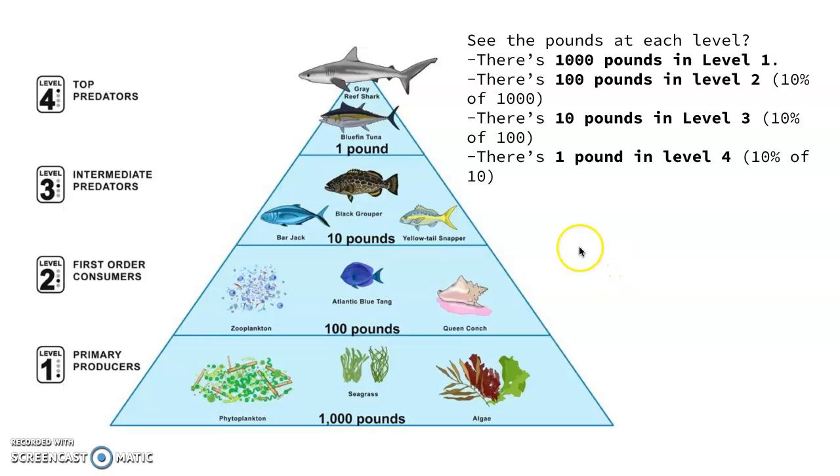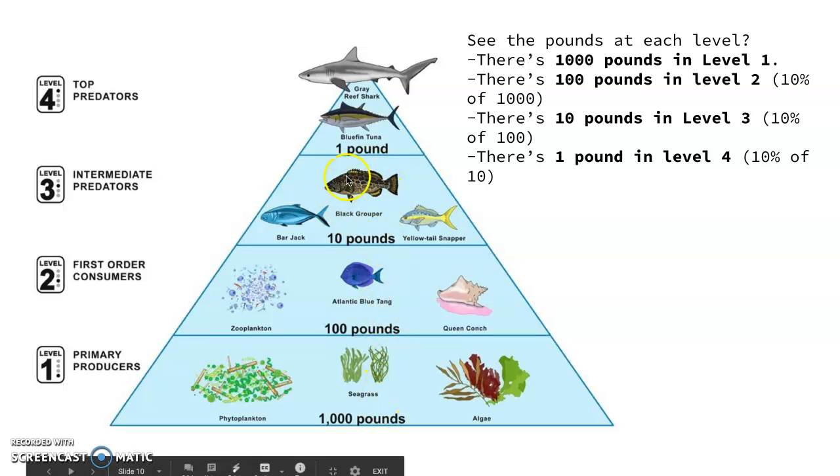That's important to know because the less amount of energy available there is, the fewer organisms that level can support. And so there's always going to be more producers in an ecosystem. There's always going to be not as many, but the second most abundant amount of organisms are your herbivores, the organisms that eat producers.